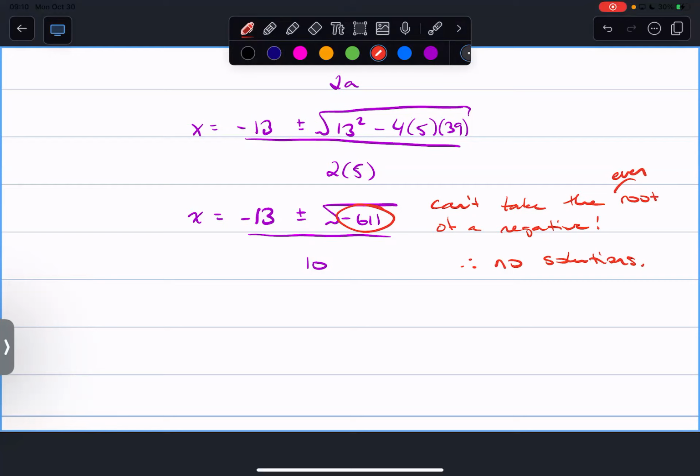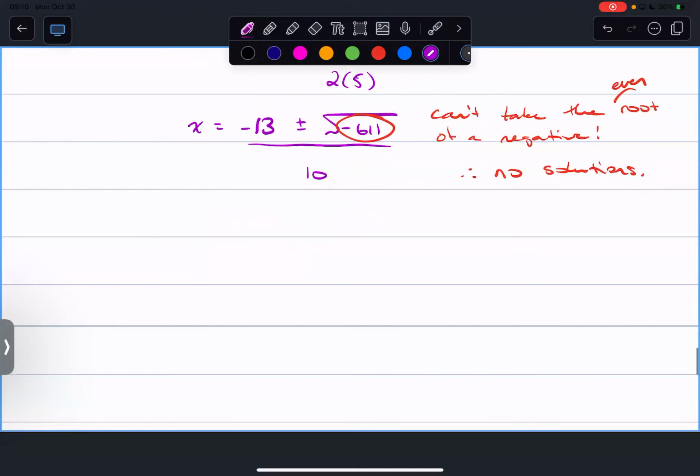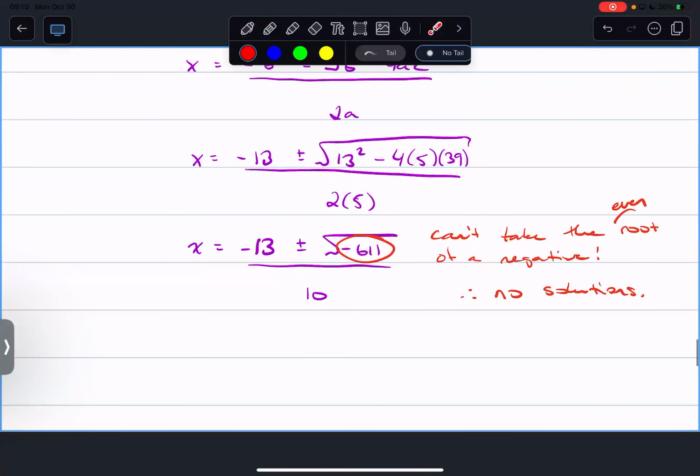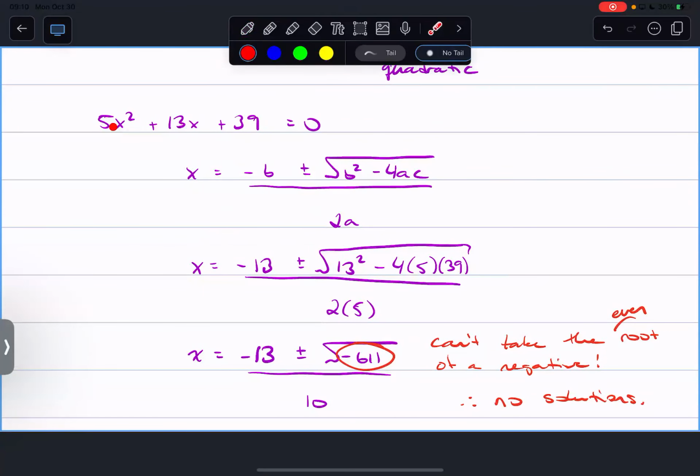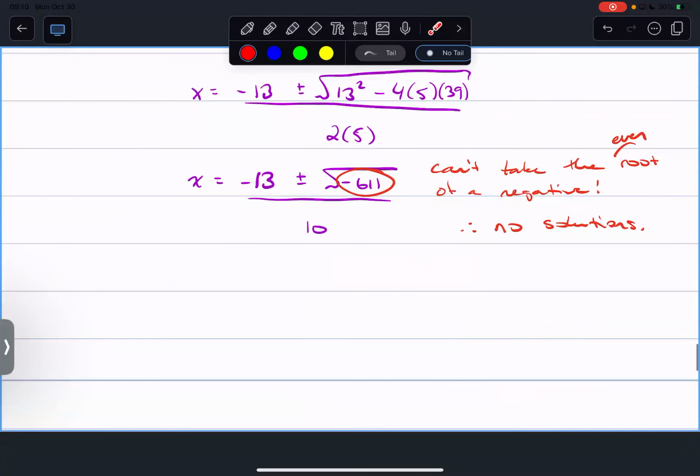What would that look like? Let's have a look here. My leading coefficient is positive, so it's facing up. I have a parabola, right? And what could happen? Well, if there's no solutions, I might just have something like this. That's fine.